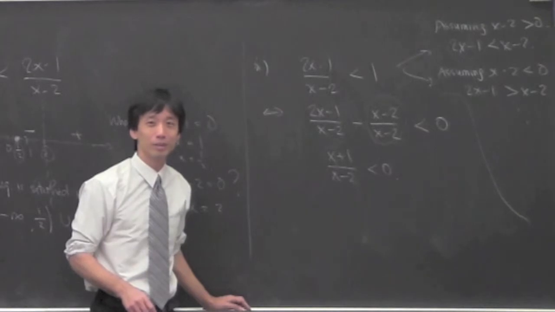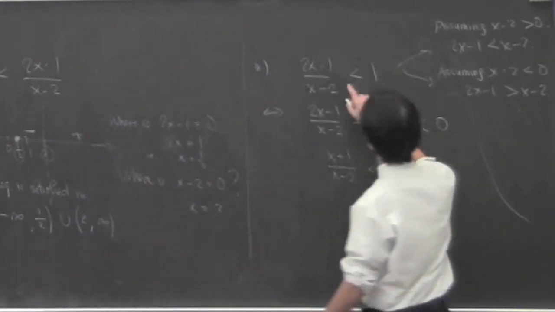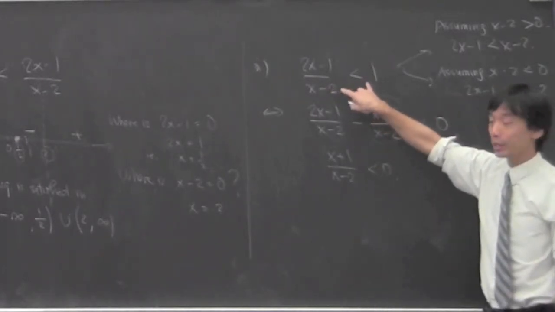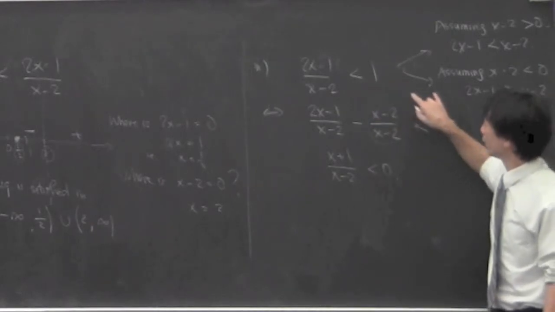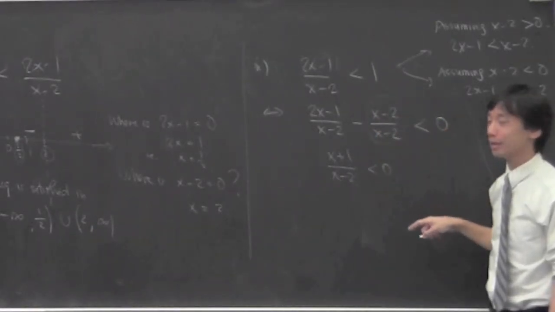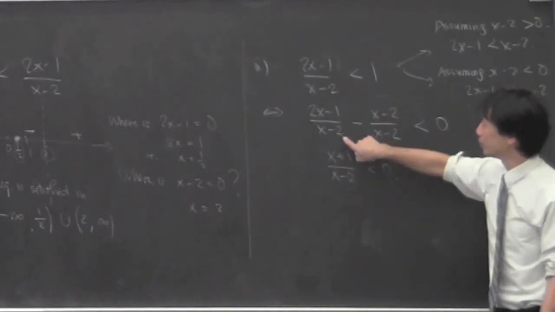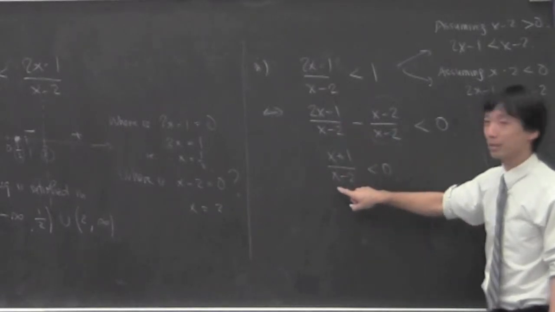Sorry? You just simply shifted the 1 to the other side? Yeah. With an inequality, you're allowed to subtract the same thing from both sides. So I subtracted 1 from the right, and 1 from the left. And then I'm using fraction arithmetic to combine these terms together.